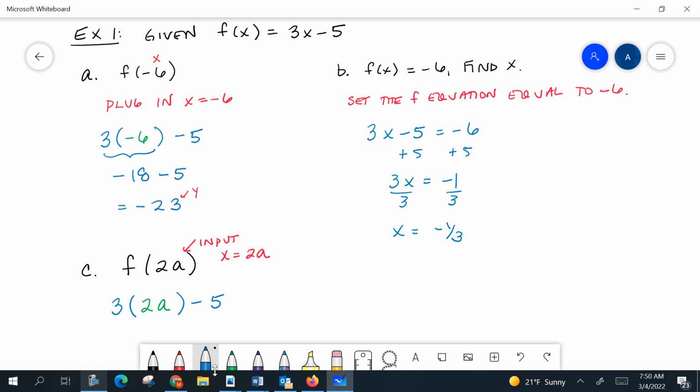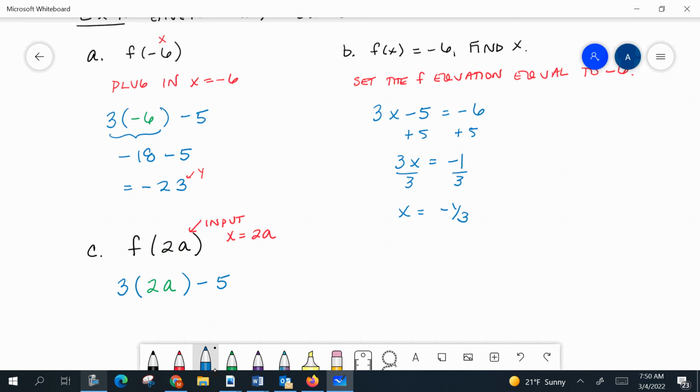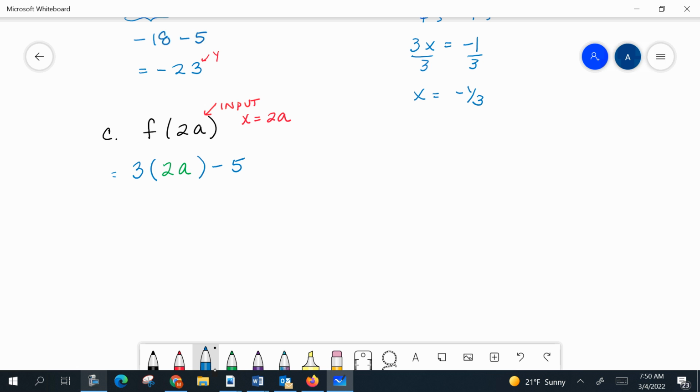So it's really the exact same thing as inputting a number, but the difference is, instead of outputting a single number, we are going to output a new function. Okay, and this 6a minus 5 is the f function with 2a replaced for x. And that right there would be our answer.